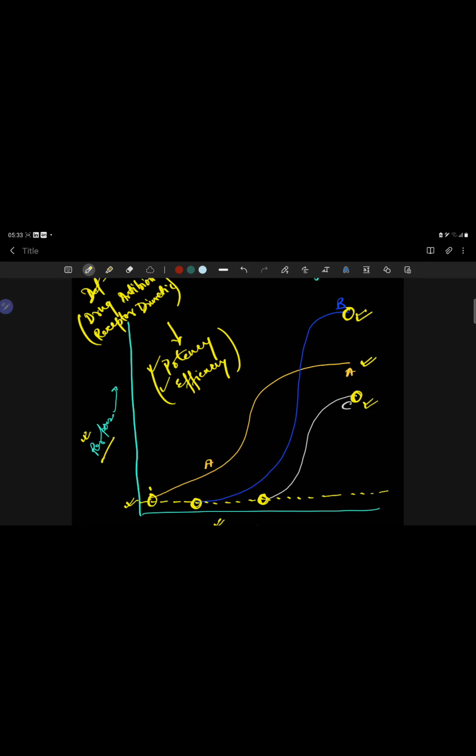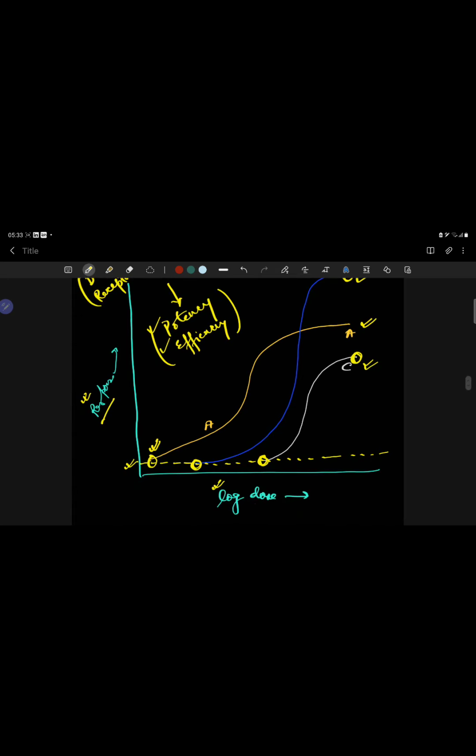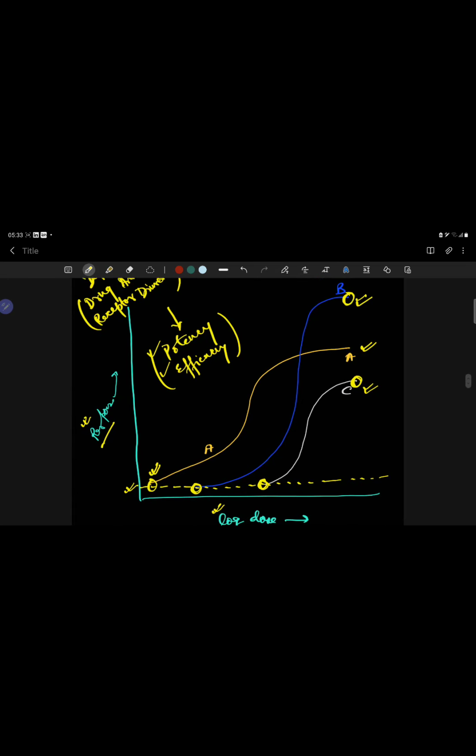But we can see at very, very low concentration, this is the log dose, so concentration. At a very, very low dose, A produces nearly the same response, slightly different, a moderate one. B will give the same response but at a bit higher level, and this is C, you can see less. So what is potency?